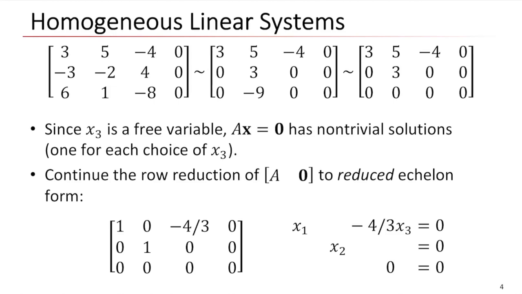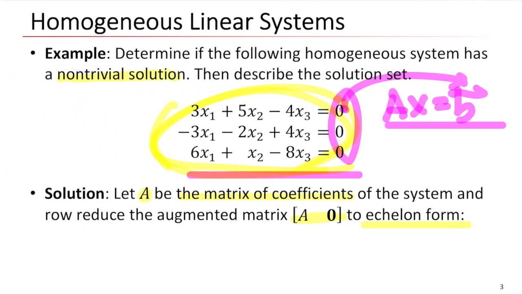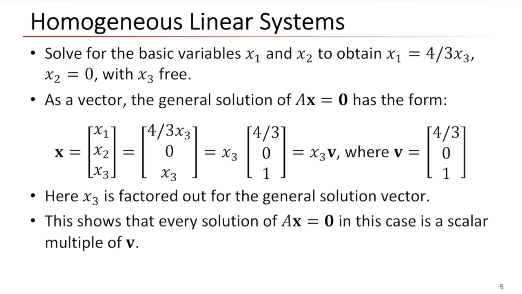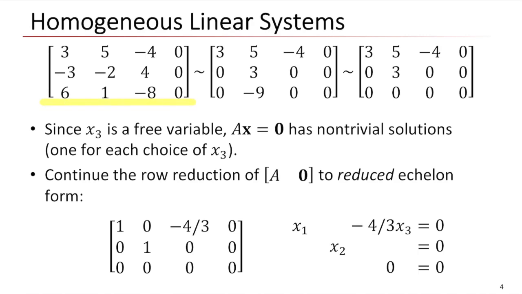So here is the solution. The augmented matrix form of this linear system looks like this. This is the coefficient matrix A, and this is the right-hand side vector b, right?